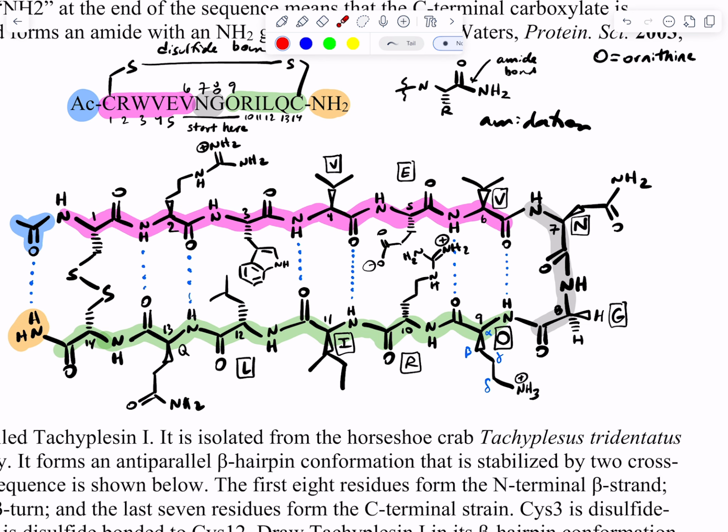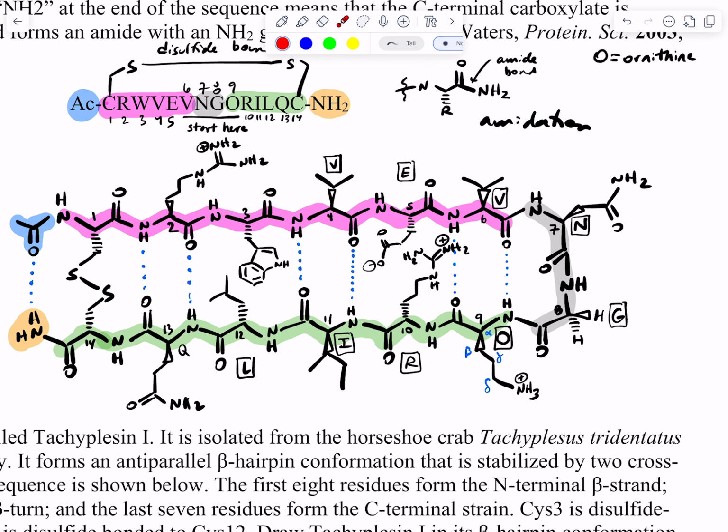For the one on the bottom, you put the amide nitrogen pointing upward and the carbonyl oxygen pointing upward. Notice that for valine 6, its carbonyl oxygen is hydrogen bound to the amide nitrogen from ornithine 9. So they're anti-parallel to each other, and their amides are hydrogen bound to each other's carbonyls.